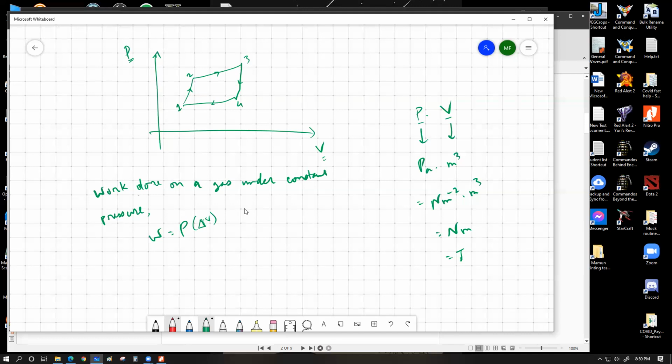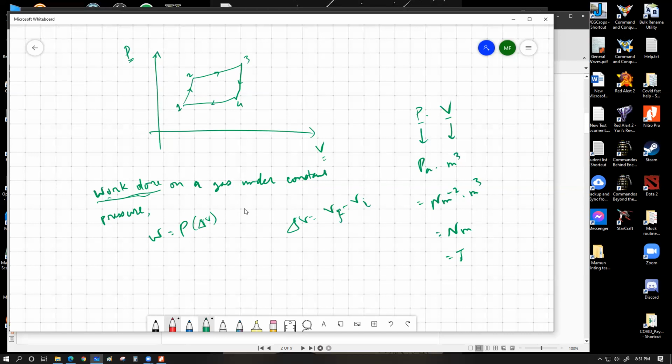I have used the words work done on the system. This would mean that work is going into the material. This would mean that delta V is expressed as V2 minus V1, or I could also write V final minus V initial.